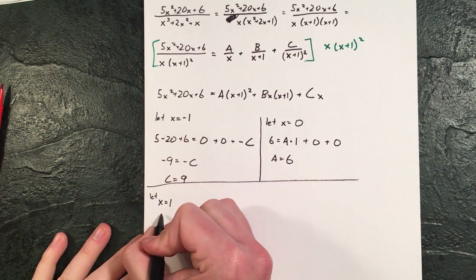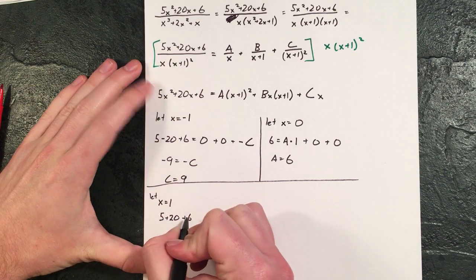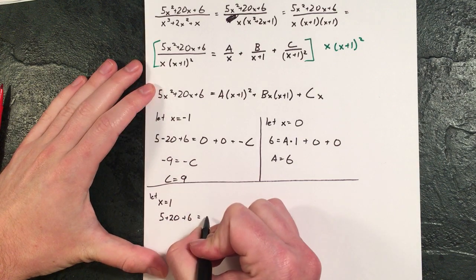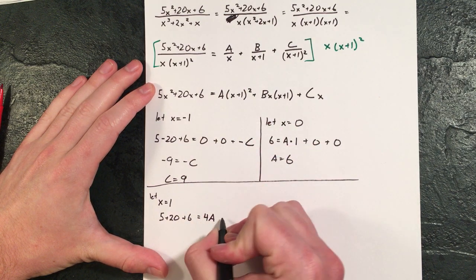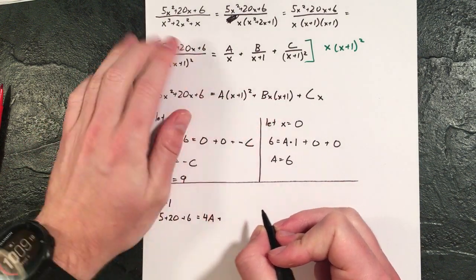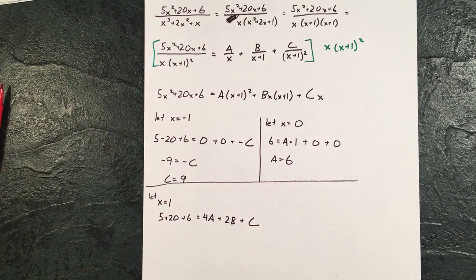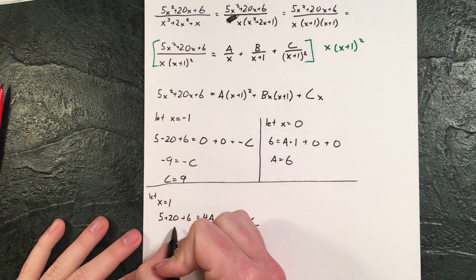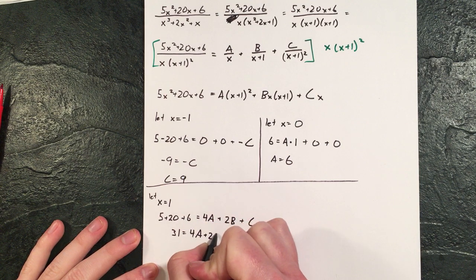So we could say here, 5 plus 20 plus 6, that's plugging in the 1, equals 2 squared, that's 4a, plus 2 times 1, yep, that's a 2b, plus c. And we have 31 equals this whole mess here.